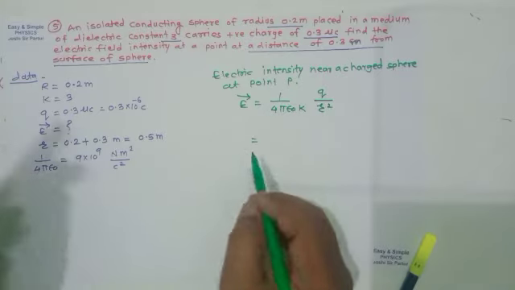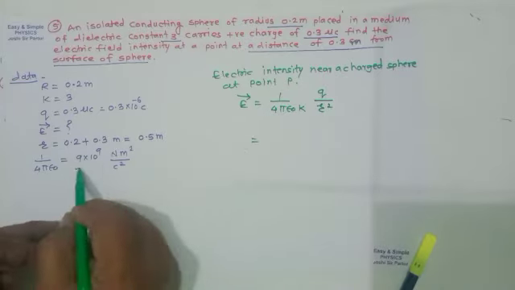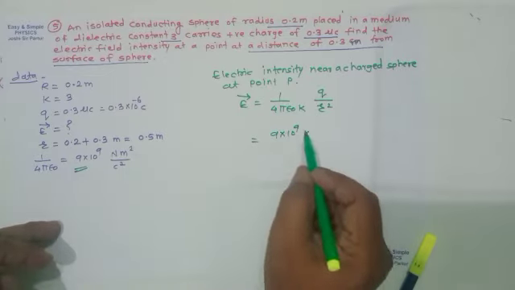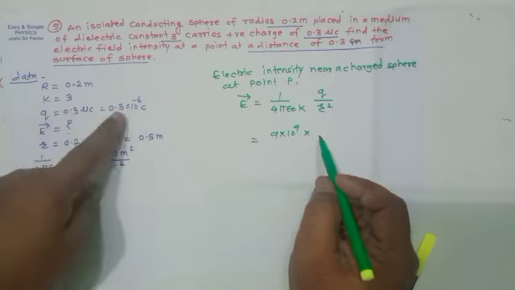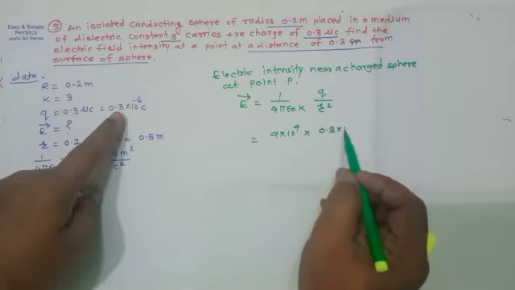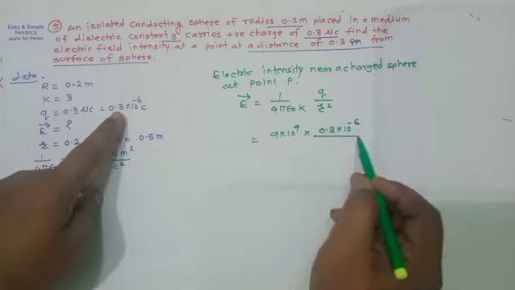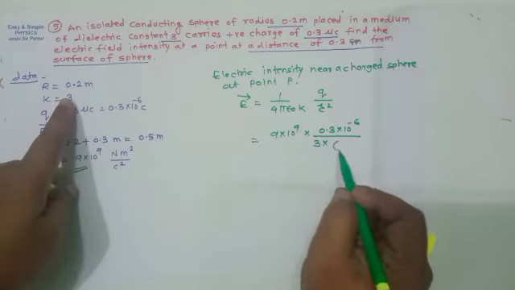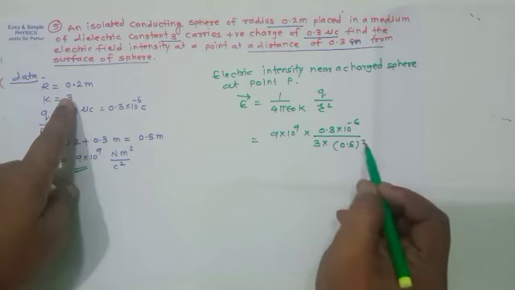So here we substitute the values. First we put the value 9 into 10 raised to 9 multiplied by the charge 0.3 into 10 raised to minus 6, divided by K which is 3, into 0.5 square.